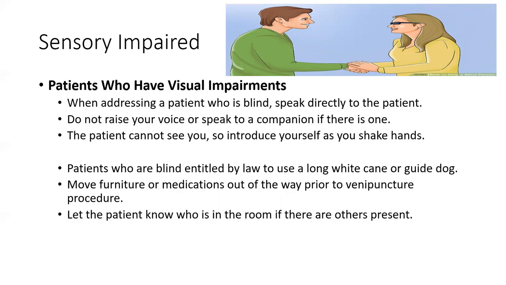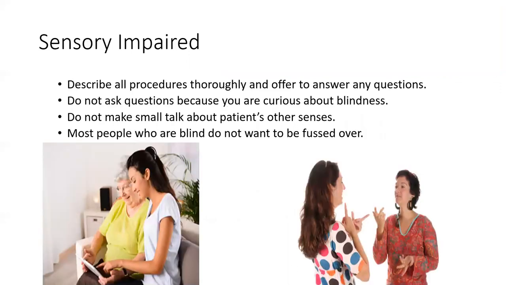And let patients know who's in the room with them if there are others present. Describe all procedures thoroughly and offer answers to any questions. Do not ask questions because you're curious about their blindness, and do not make small talk about the patient's other senses. And the thing to remember is most patients who are blind do not want to be fussed over.